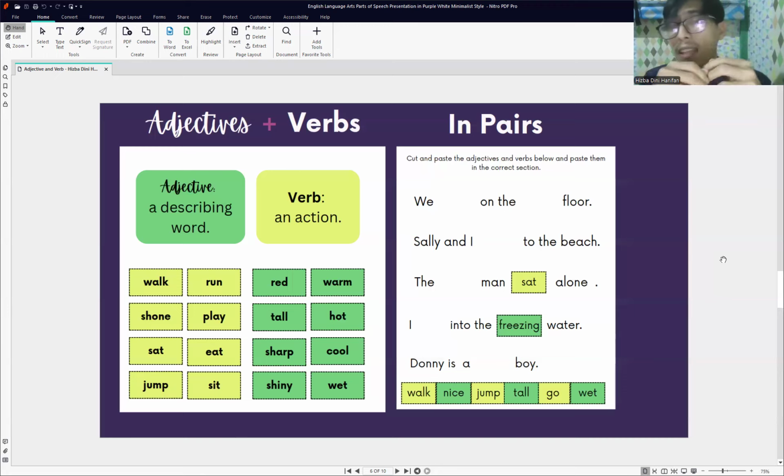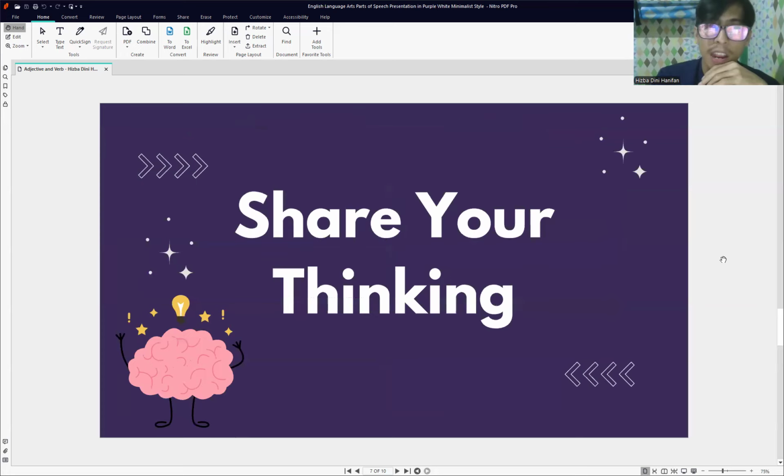And if you think the answer is an adjective, do not worry, you just need to put the green one. Any question? I'll be giving you 5 minutes, so 1 minute for each question, starting from now. Okay, thinking. Share your thinking. You might want to speak out loud, it's fine. Share your thoughts.